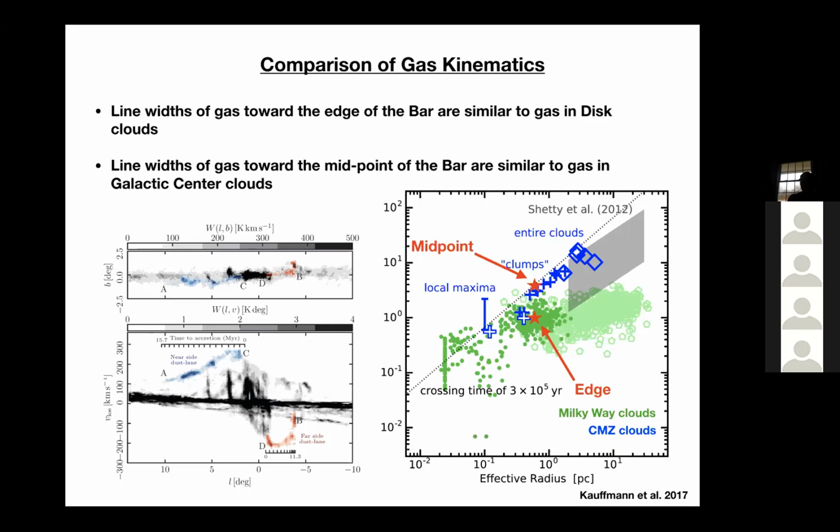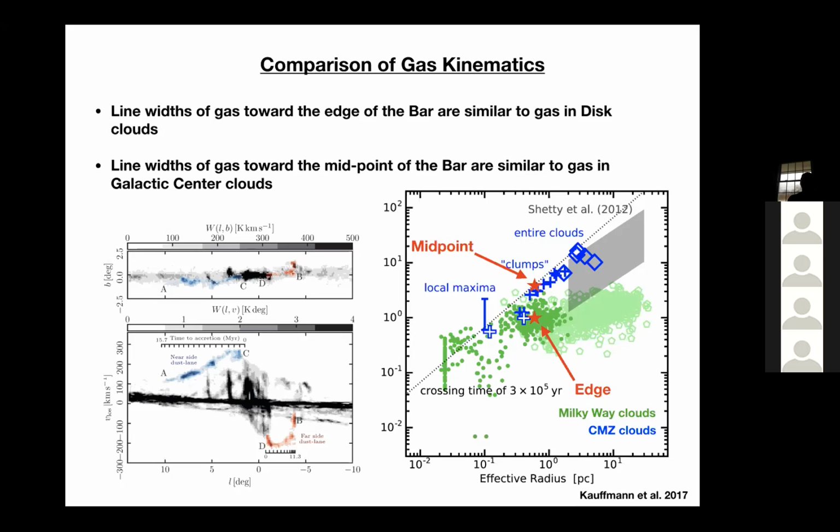However, with the gas towards the midpoints of the galactic bar dust lanes, we're seeing higher velocity dispersion, around 7 or so, which is much similar to what we would observe with CMZ clouds. So this could suggest that as the gas is accreting into the galactic center, we're seeing broadening of the line widths.